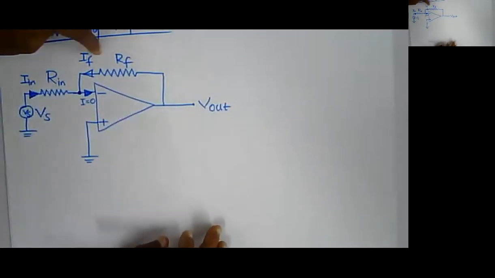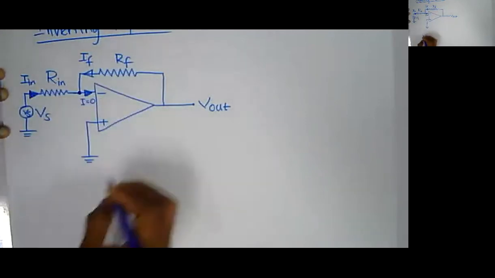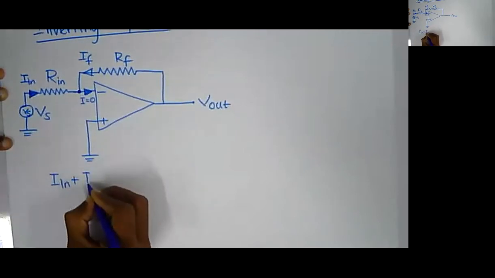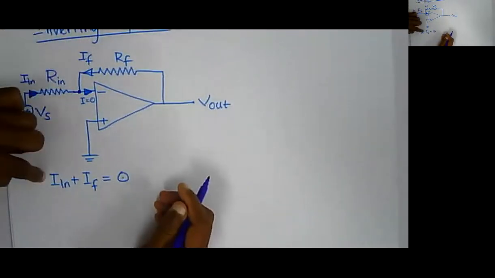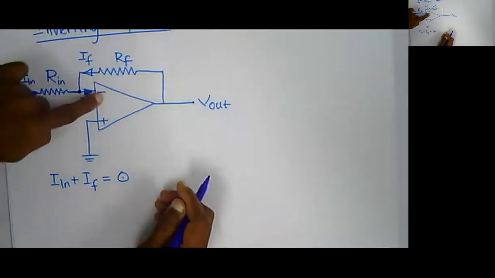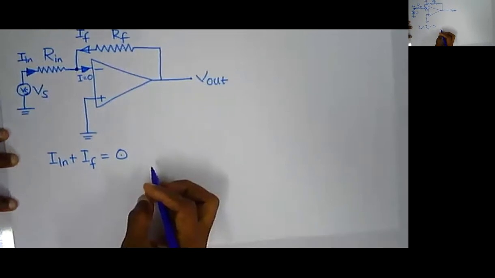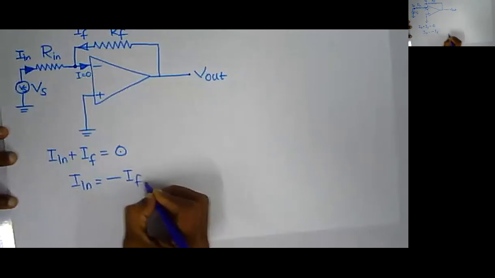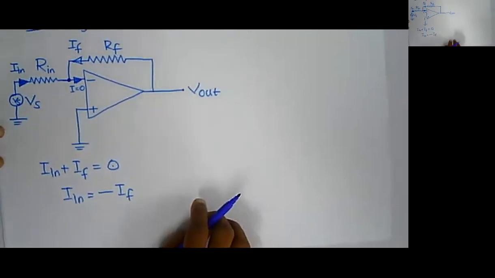Both are incoming currents, so I can write I in plus If equals 0. They are coming into the node, so both have the same polarity, but no current is going inside the operational amplifier. So I can simply write I in equal to minus If. Clear? I in equal to minus If.